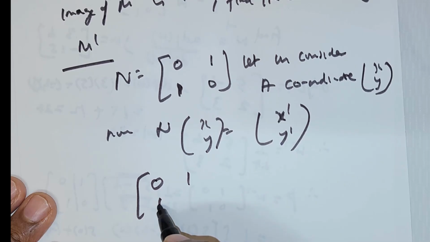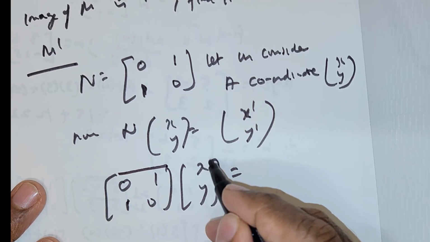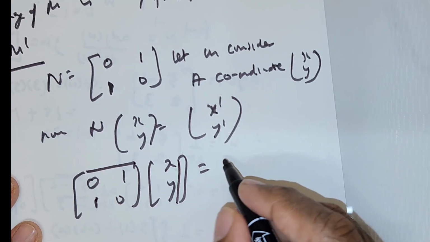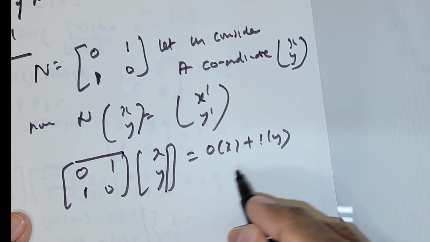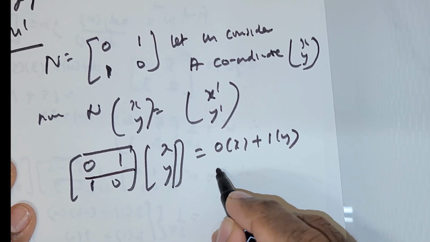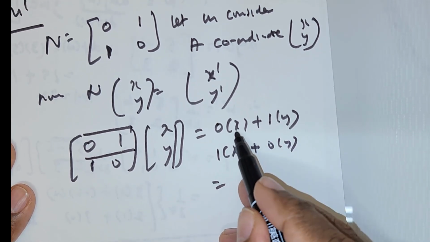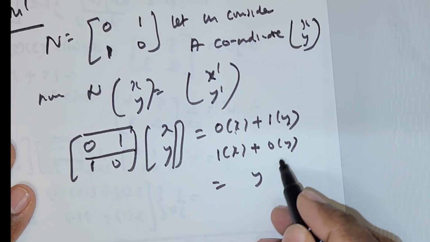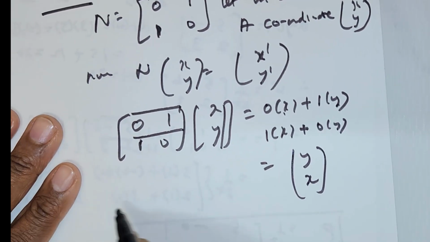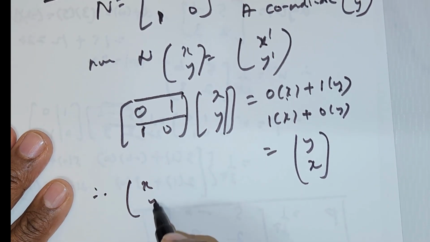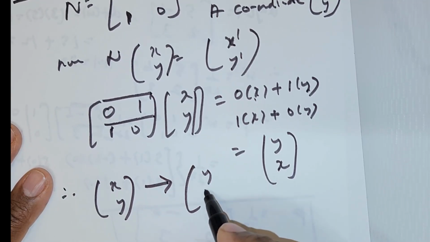So that means 0, 1, 1, 0 times x, y is equal to, row multiplied with the column, 0 times x plus 1 times y, row multiplied by the column, 1 times x plus 0 times y. This is equal to y and x. So this is what we get. So therefore x, y is transformed to y, x.